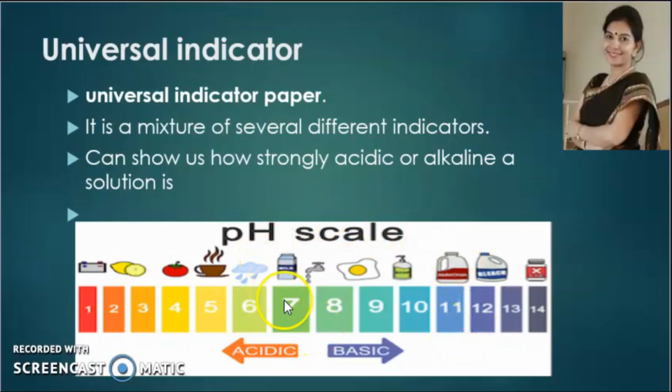So how do we measure the pH of a substance using a universal indicator? You only have to put a small spot of the test solution on the paper and then leave the color to develop for 30 seconds, and then compare the color change with this pH scale. This is the method to test the pH of a given substance.